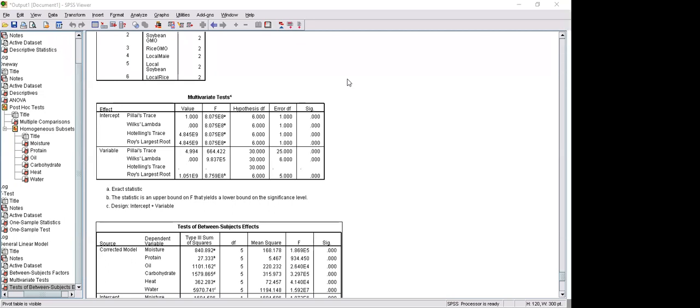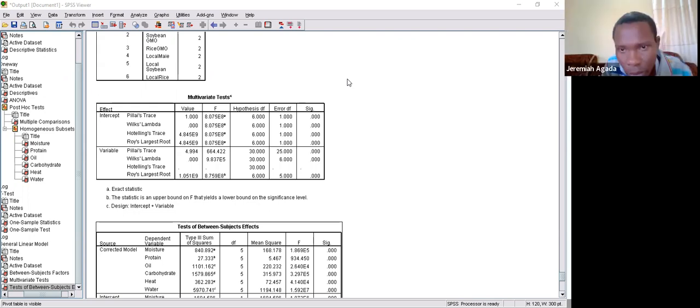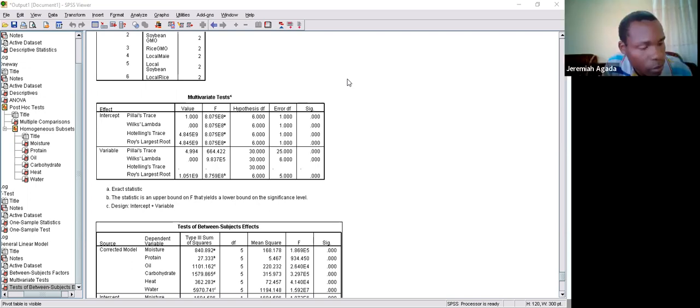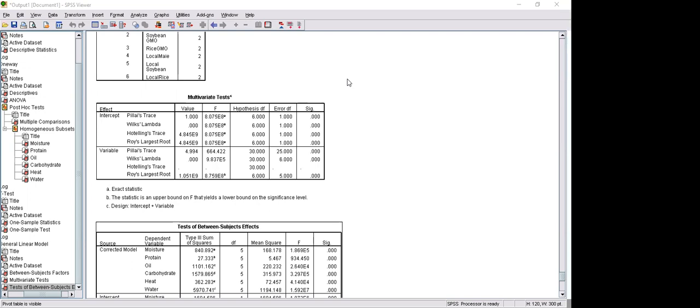Can you hear me now? Yes, I can hear you. I imported the data you sent to us through the AutoAid platform, and I was trying to work along. After putting in the data in the SPSS platform I have here, though it's IBM 20, I've not been able to get the results you have.